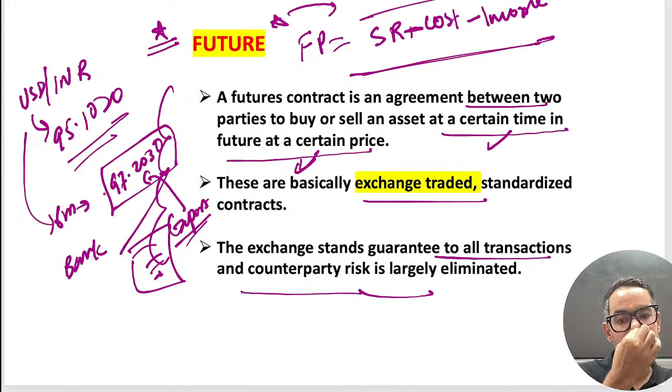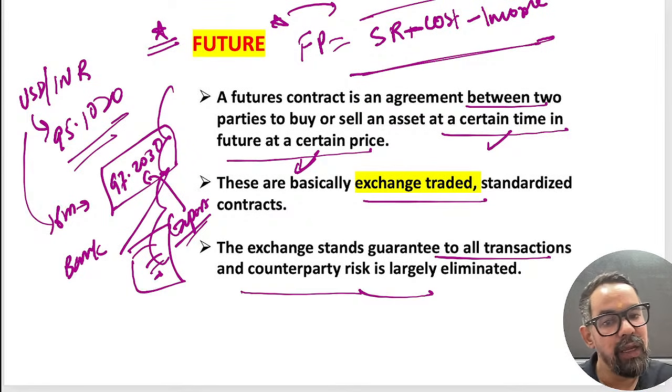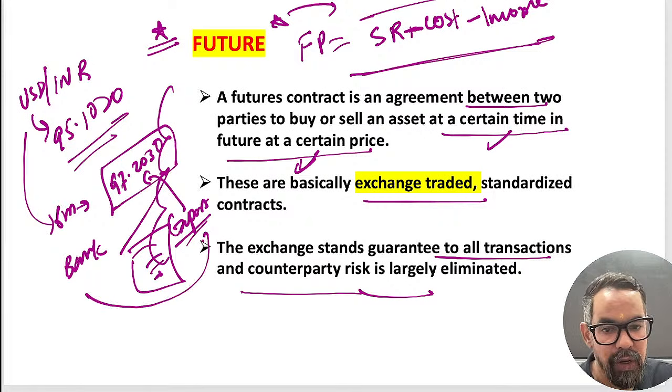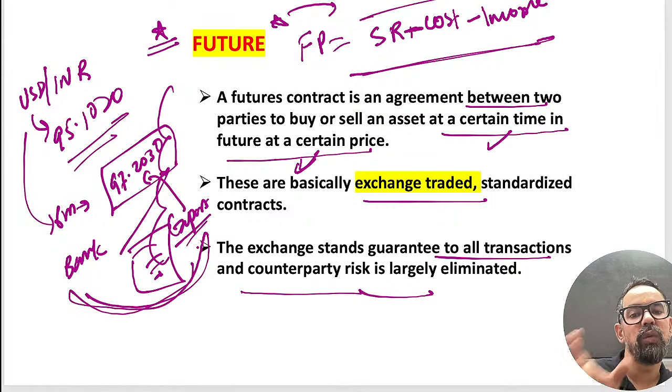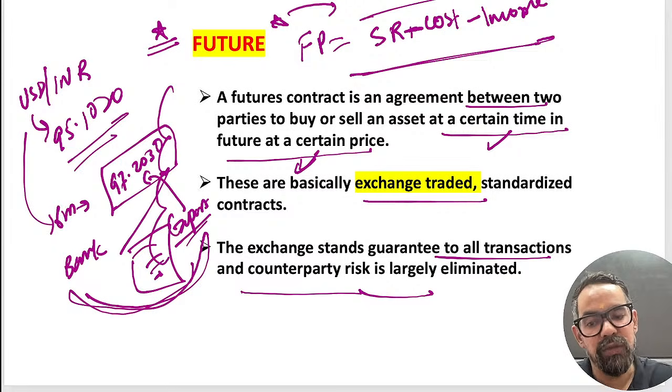When this happens on an exchange, it is called a future. When this contract is negotiated privately between two parties, it is known as a forward.